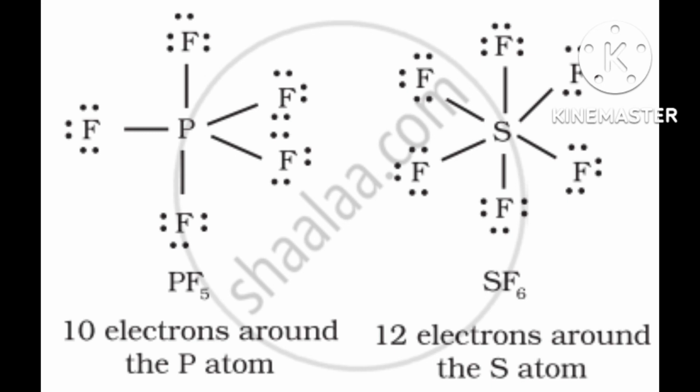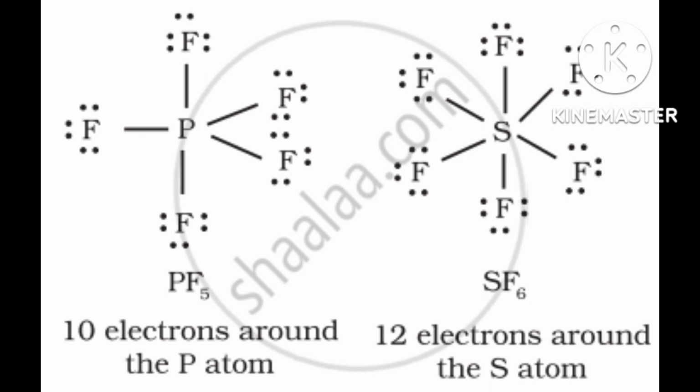Not only this, noble gases make compounds, but there is an exception. They can't make compounds with all, only with the most electronegative elements, like fluorine. See, in all of these fluorine is there: xenon fluoride, krypton fluoride, xenon oxyfluoride. Oxygen is also electronegative.